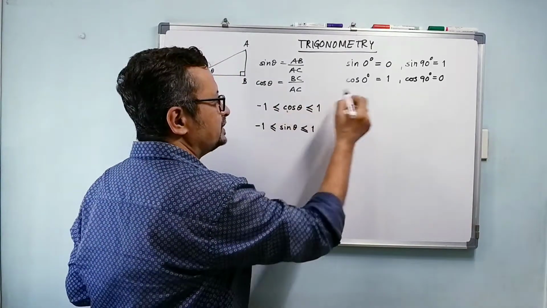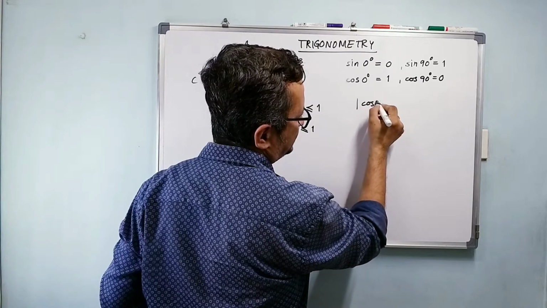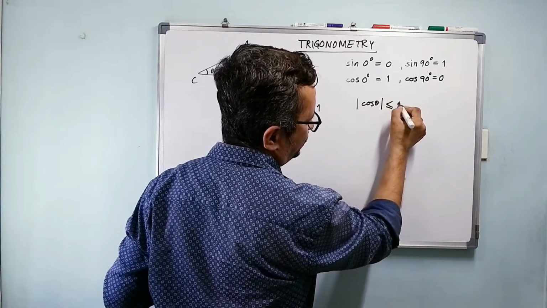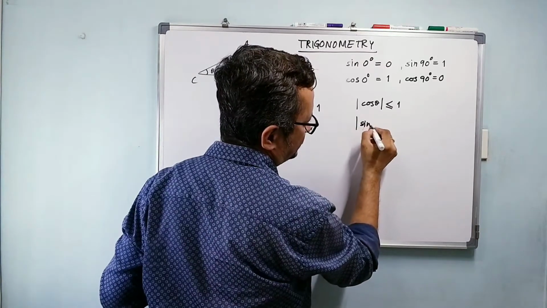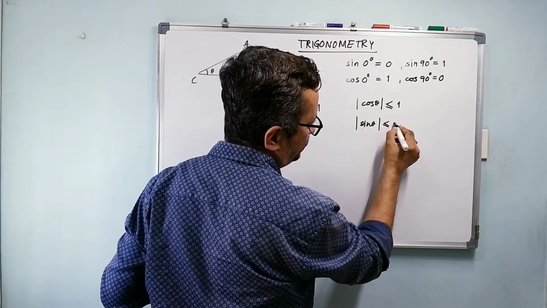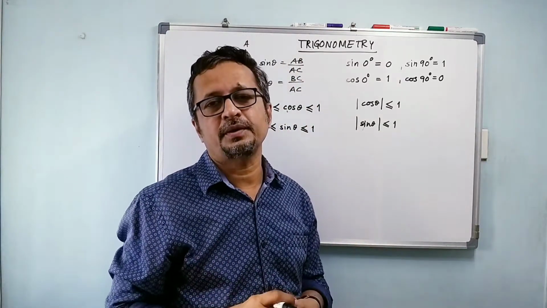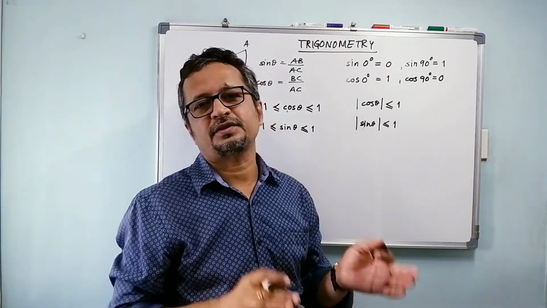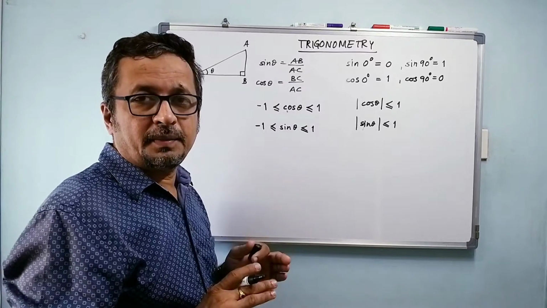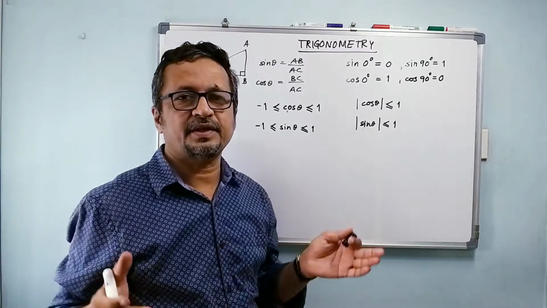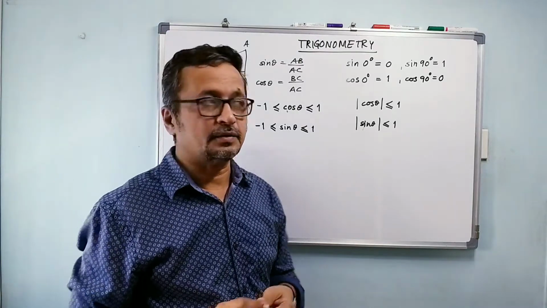So this I would say magnitude of cos theta less than or equal to 1 and magnitude of sine theta is again less than or equal to 1. Magnitude, or I would say modulus, but I'm particularly not using the word modulus because so far we have not touched that part. Okay. Now that was about the basics and the justification or logic, whatever you call it, about the values of sine theta and cosine theta.